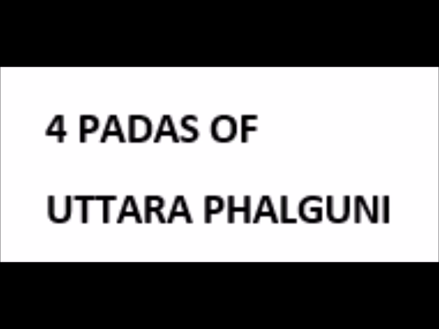So these 4 divisions each span a distance of 3 degrees and 20 minutes in the entire 13 degrees and 20 minutes distance of the nakshatra. So 3 degrees and 20 minutes times 4 comes to 13 degrees and 20 minutes. That's how it is.